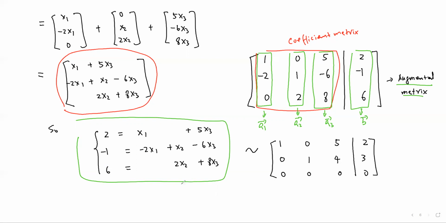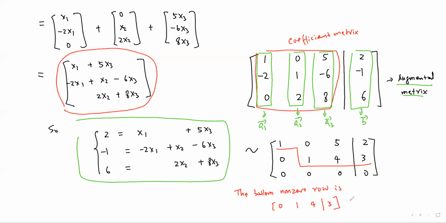Now, this is an echelon form. The bottom non-zero row is 0, 1, 4. Then separate the right hand side.